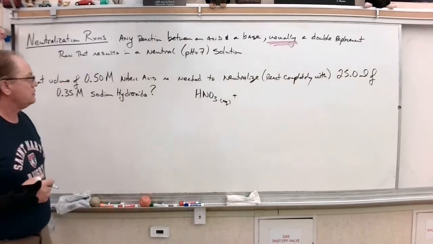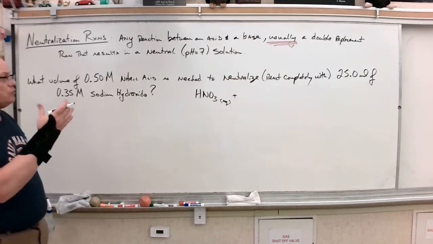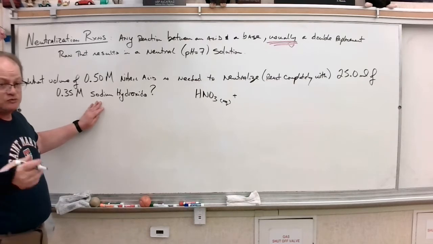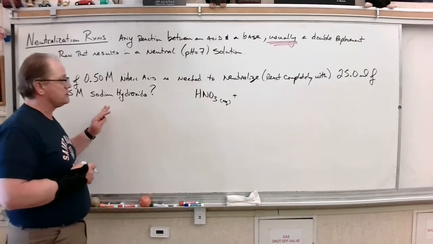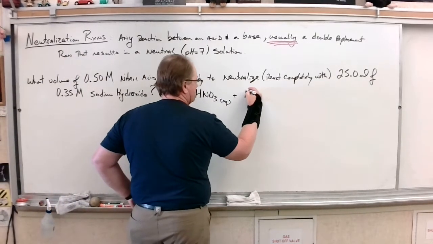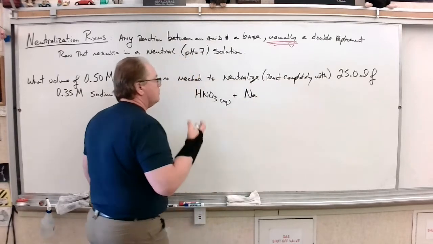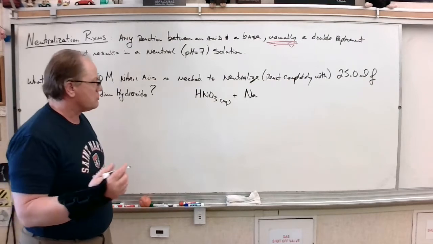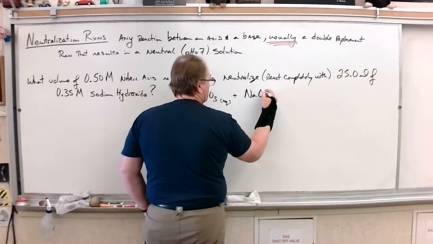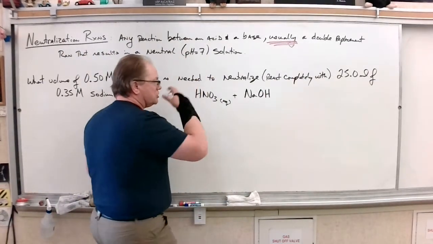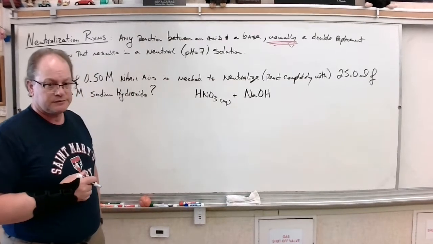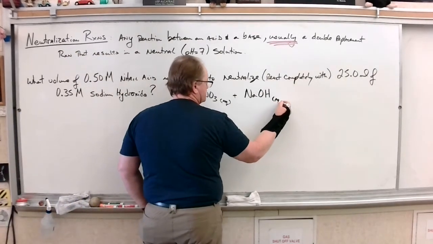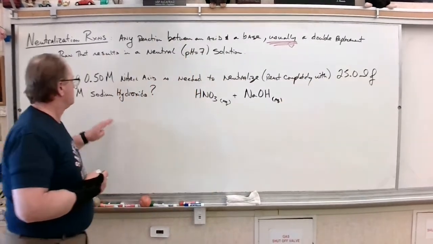And that nitric acid is to react with sodium hydroxide. Well, we should be able to write the formula for sodium hydroxide. Sodium is Na, it's ionic. One valence electron, it loses it, plus one charge. Hydroxide is an OH group with minus one charge, plus one, minus one, we're good. And that is also an aqueous substance. Solution.